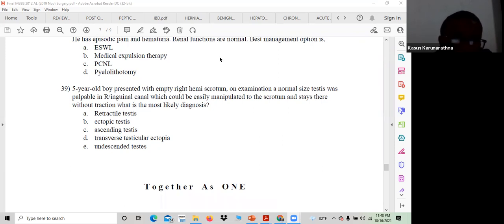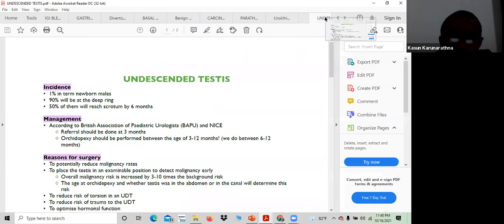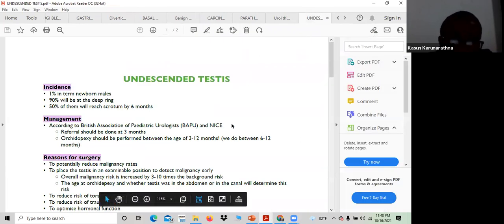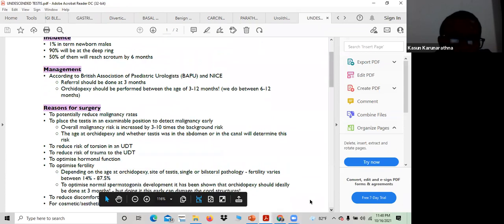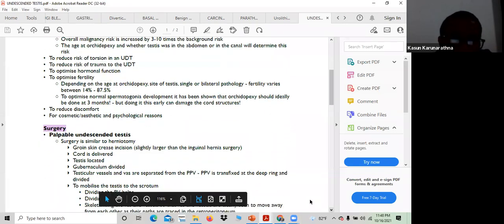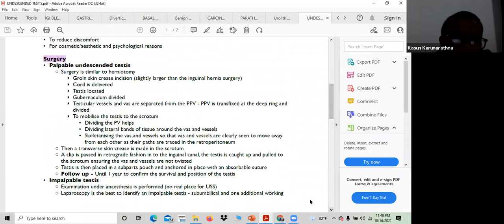What is ascending testis? Probably it goes up. That is where you get higher growth rates, right?